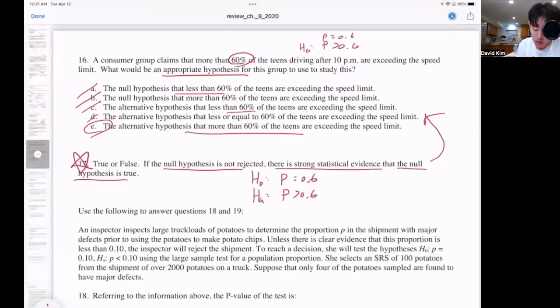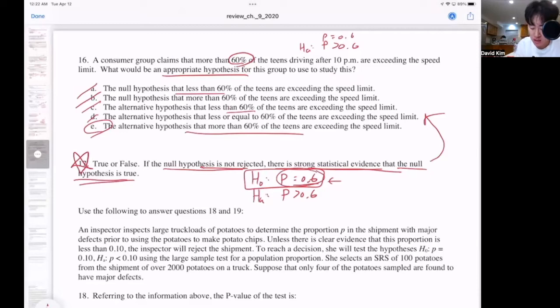Now, when we say that the null hypothesis is not rejected, we are actually taking this as our conclusion, whatever we were claiming. But this actually means that the proportion of the teenagers driving after 10 p.m. is equal to 0.6. So strong statistical evidence that the null hypothesis is true? Well, the null hypothesis is stating that it's equal to 0.6.